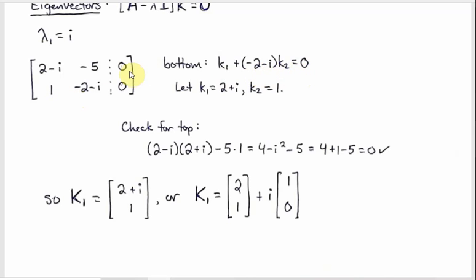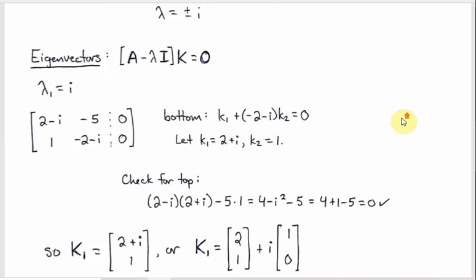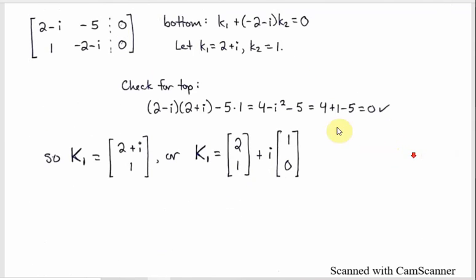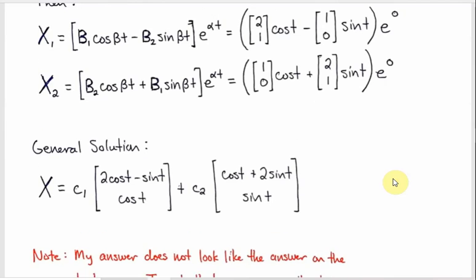If you pick the top instead of the bottom, so if you used (2 minus i) times k1 minus 5k2 equals 0, and then got an eigenvector from that, then you'll get the answer up here. But because I picked the bottom row, because that looked easier to me just because I had a 1 in it, that's why I'm getting a different answer.